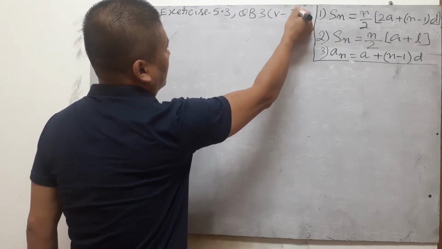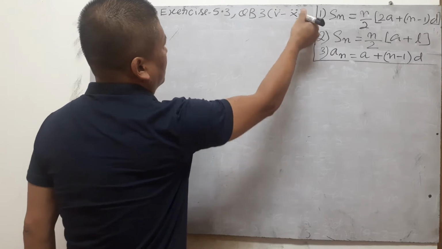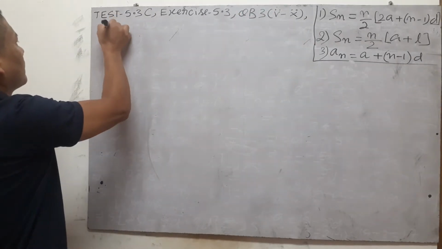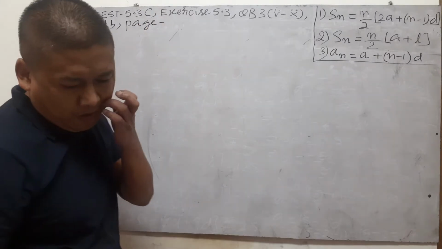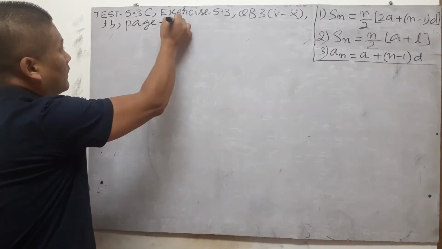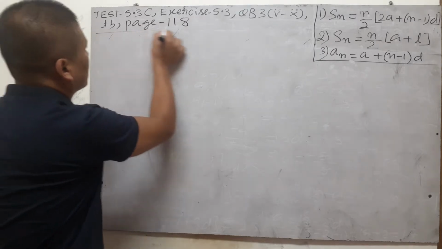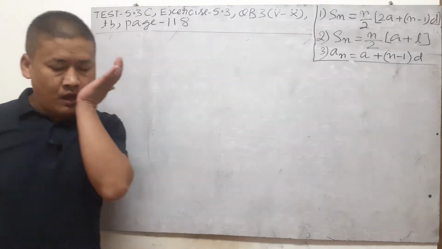Okay, 5 to 10. This will be found in your textbook, page 118. So write it down likewise along with me.